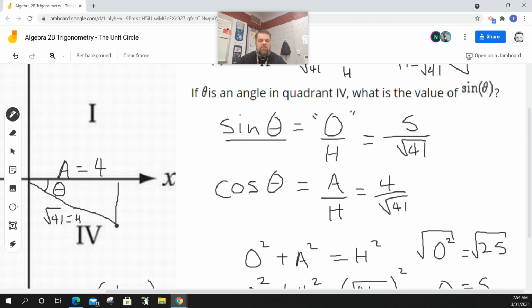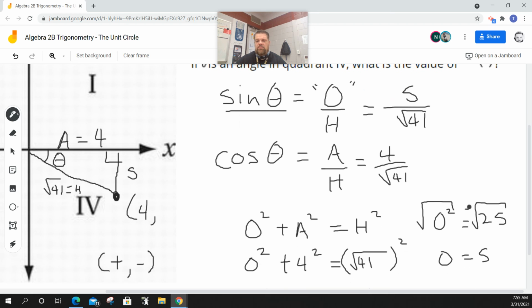And that's a positive 4 because really what we're doing is we're constructing this right triangle based on this point here. So the x value is 4, but now the y value has a length of 5, right? Remember that when we take the square root of 25, we consider the plus or minus. So the opposite really could be plus or minus 5. So to get to this point here, it's minus 5.